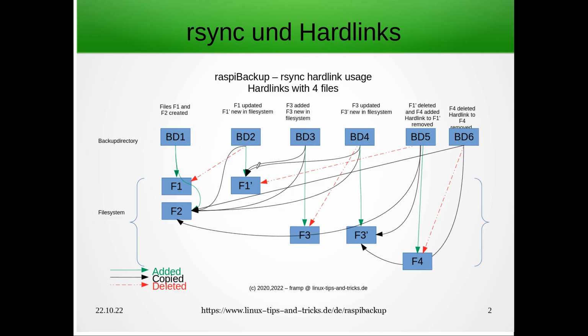We have 1 link to file 1 modified, we have 1 link to file 2, and we have 1 link to file 3. If you check it for backup directory 4, we have 1 link to file 1 modified, we have 1 link to file 2, and we have 1 link to file 3 modified.